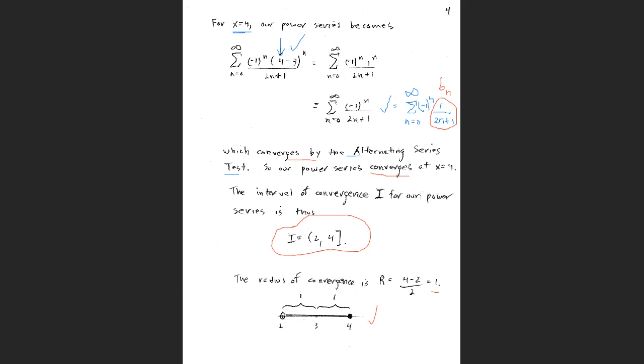Tina asked, will the radius be the same? Yes, that's correct, Tina. It doesn't matter if the endpoints are open or closed in your interval. For the radius, you always take the right number, subtract the left number, get the difference, and divide by 2, and that gets you your radius of convergence.